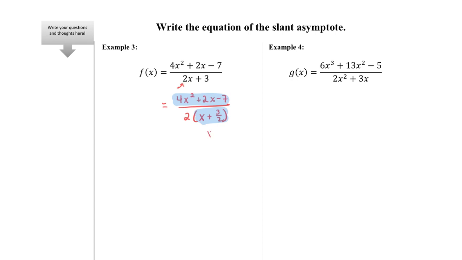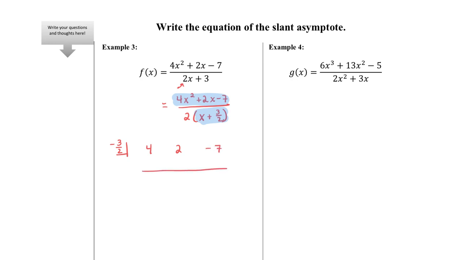And so we start to figure out what makes that factor down here 0, but it's just the opposite of 3 halves, so negative 3 halves. And we need that because we are going to put a negative 3 halves inside the little synthetic division box. And I'm going to write down my coefficients I'm dividing into, a 4, a 2, and a negative 7.